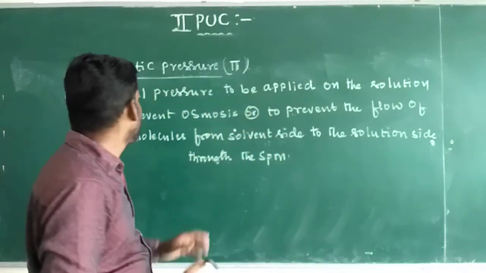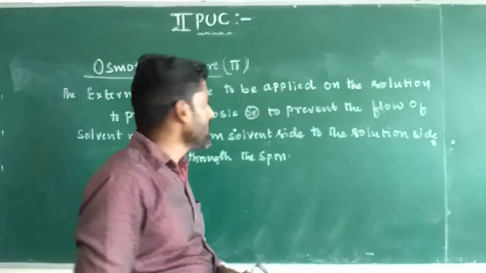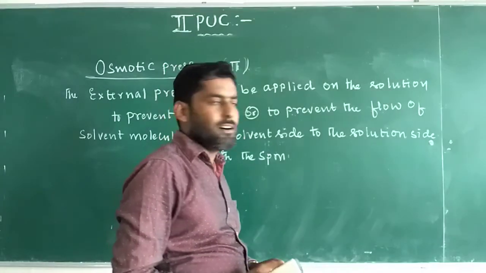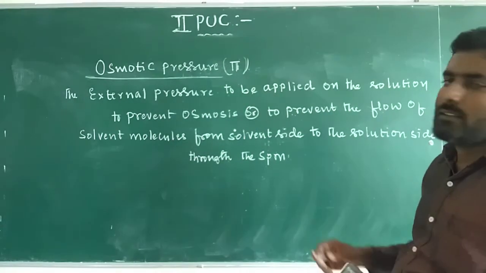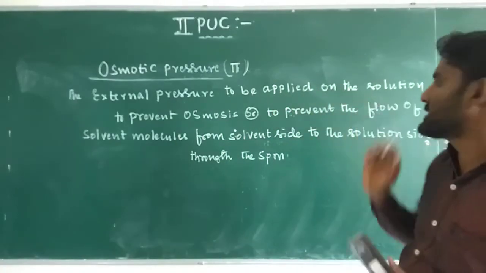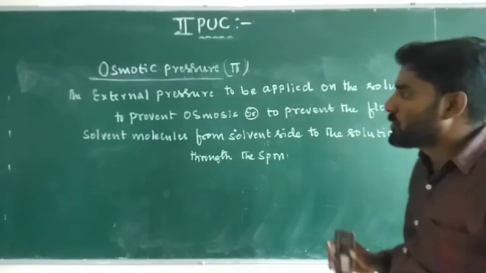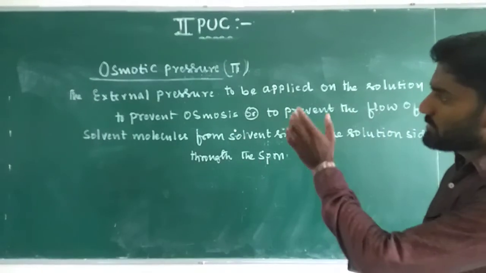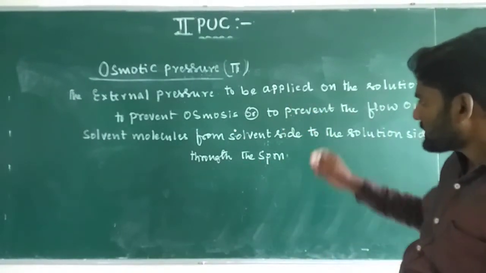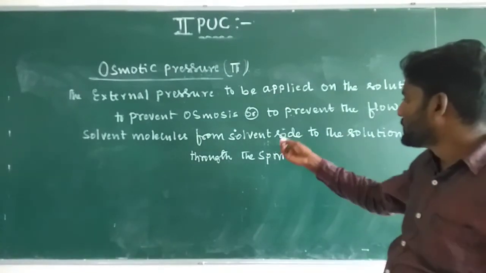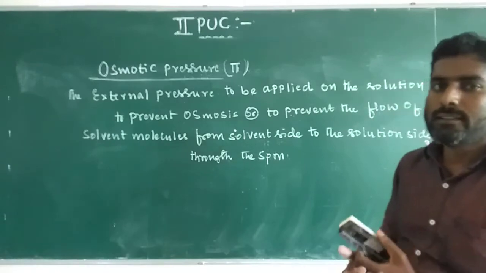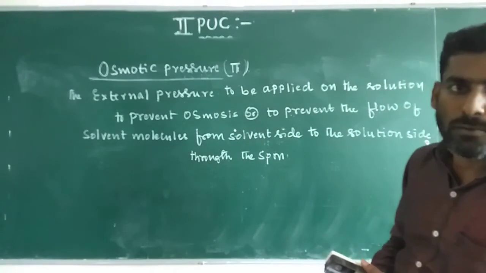So that is the external pressure to be applied on the solution to prevent the process of osmosis, or to prevent the flow of water molecules or solvent molecules from solvent side to the solution side through the semi-permeable membrane, is called osmotic pressure.